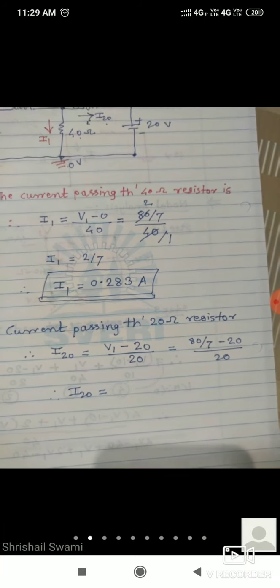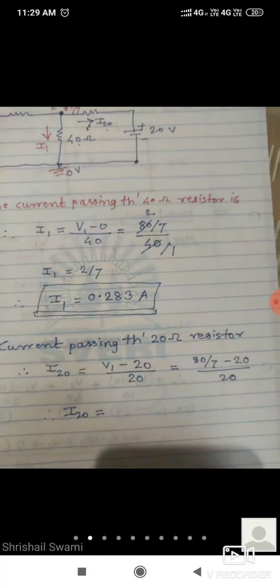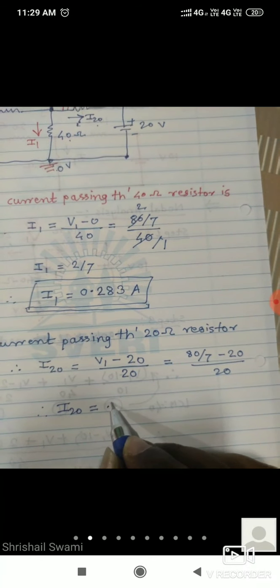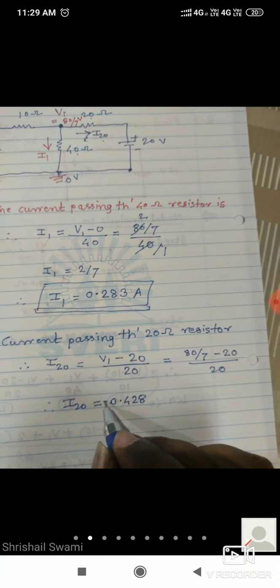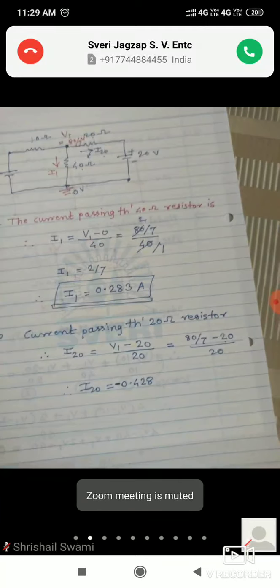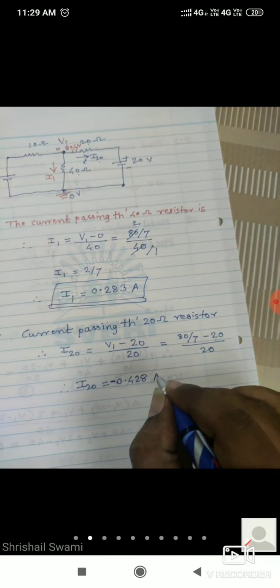It is negative. How much? 0.428. That is negative. Correct? Because 20 is greater than this value, that's why it is coming negative. Okay. So this will be in ampere. So don't forget to write the unit.